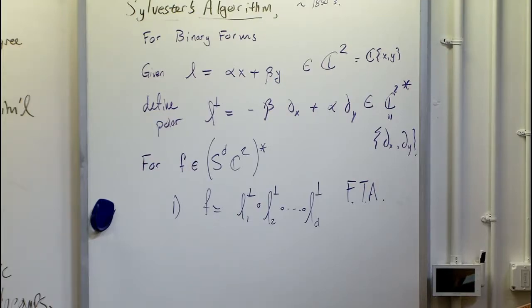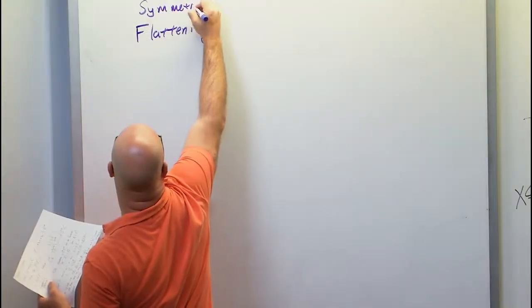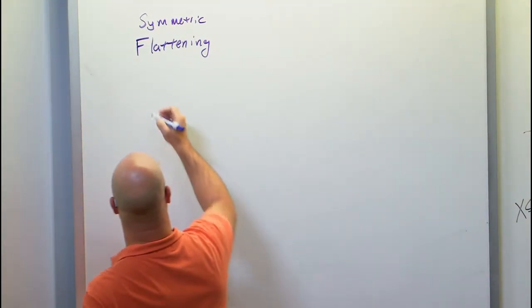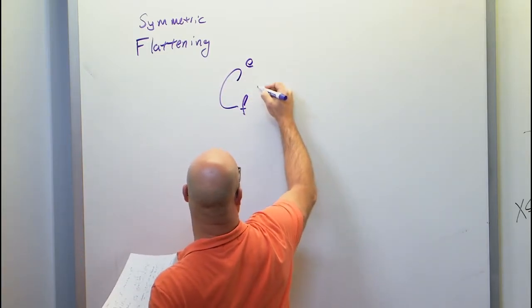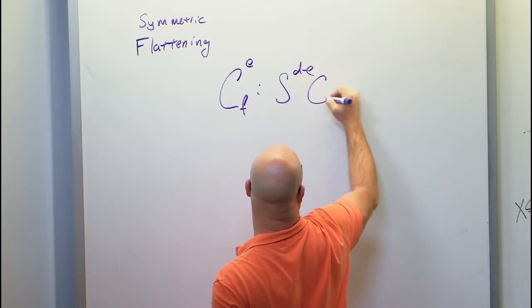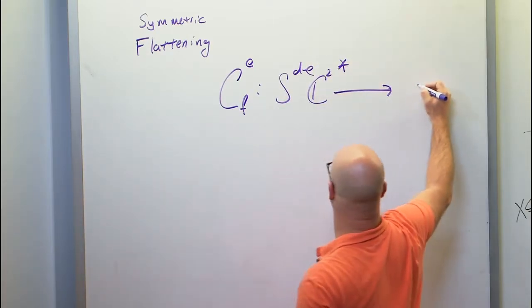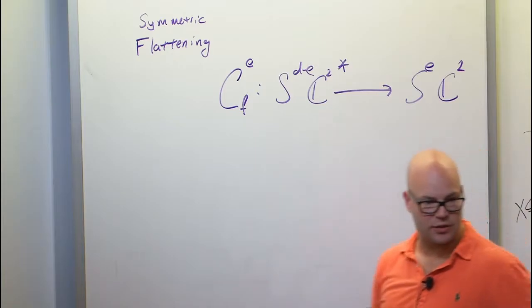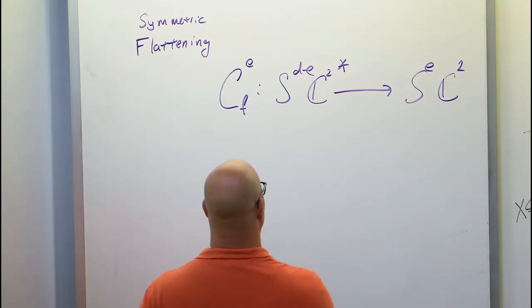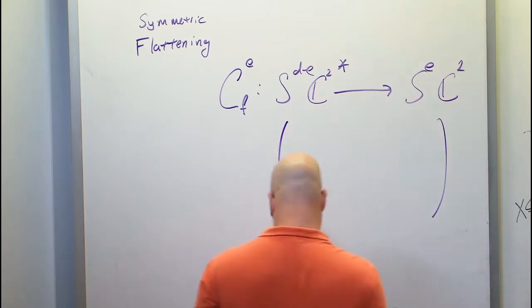So now I'm going to do what we did with regular tensors that have no symmetry. I'm going to perform a flattening. So I have a symmetric flattening. These also have other names, which I'll mention in a second. If f is a degree d polynomial, I can write down the following matrix associated to the polynomial, which should remind you of flattening.